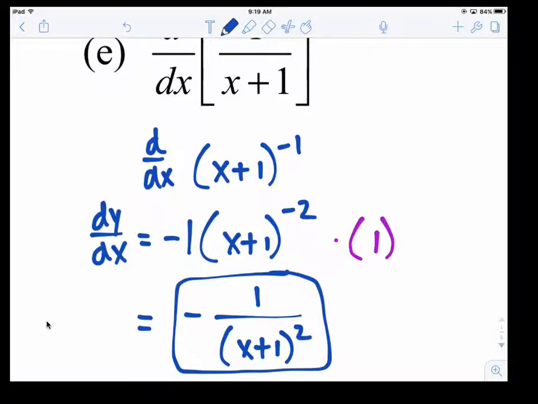Imagine it like a chain. So it's the derivative of the outside times the derivative of the inside. Where you take the derivative of the outside times the derivative of the inside.